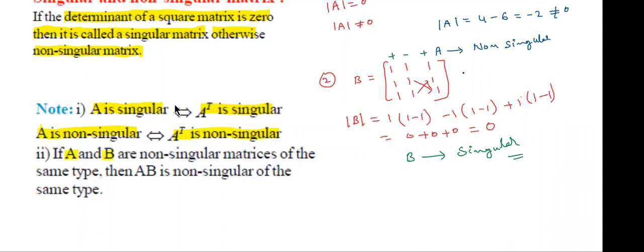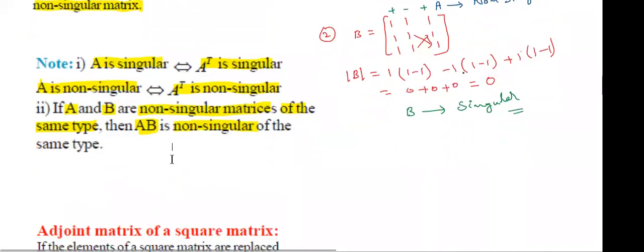If A and B are non-singular matrices of the same order, then the product AB is also non-singular.